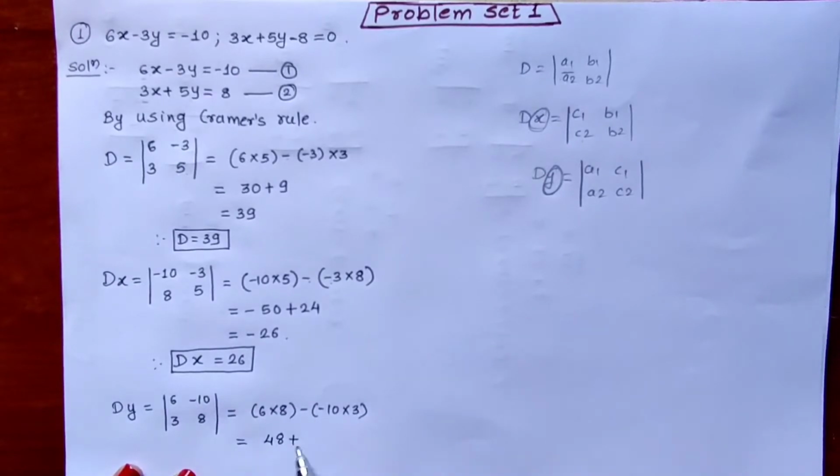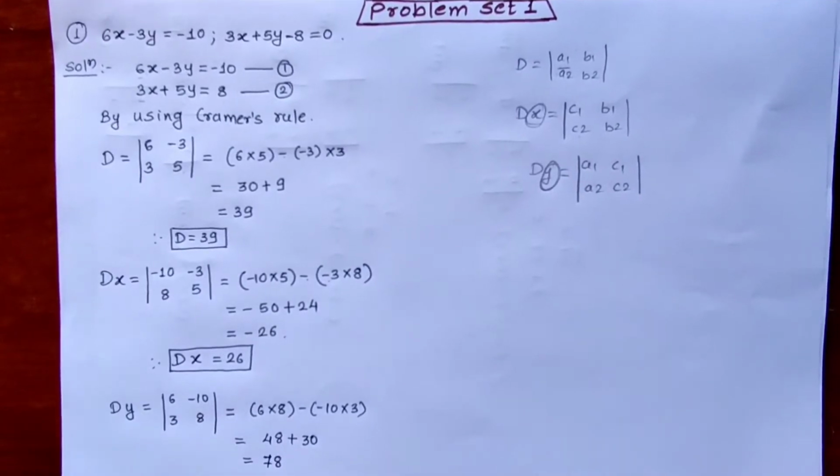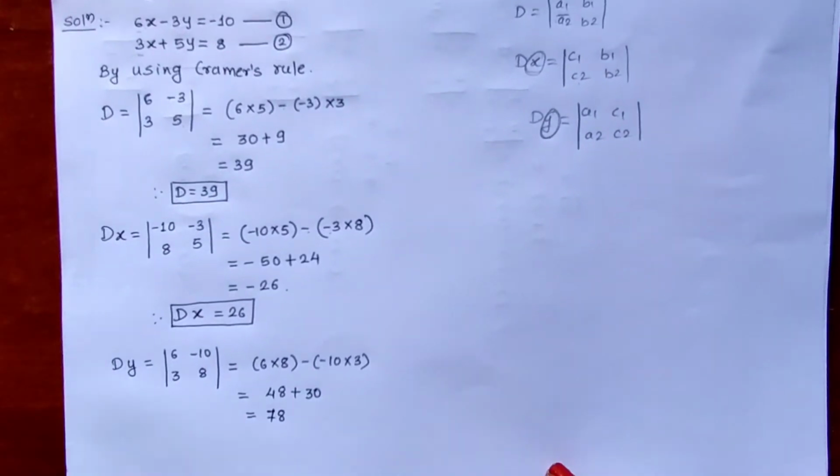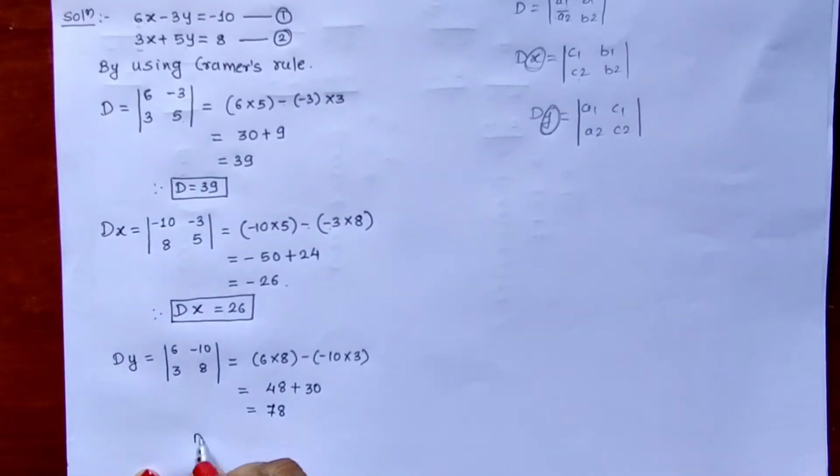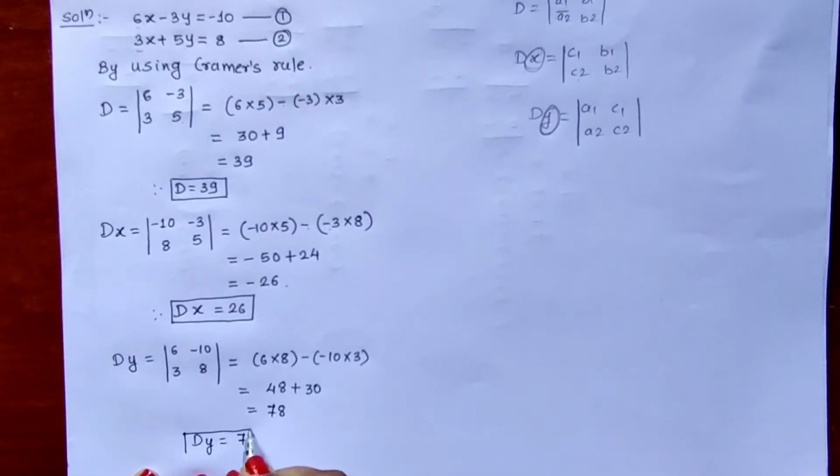Minus becomes plus. 10 3s are 30. So answer is 78. So in this way we have got dy also. So dy is equal to 78.